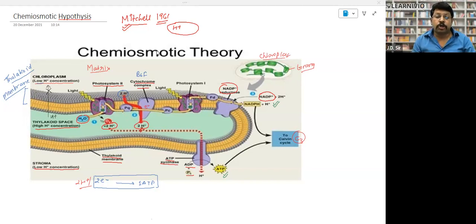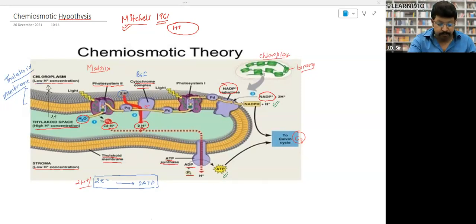Next point. Because of these hydrogen sources, the lumen of the thylakoid develops a high hydrogen ion concentration. Next point.